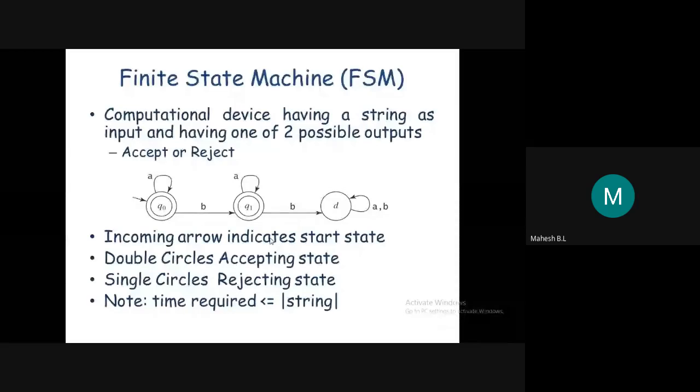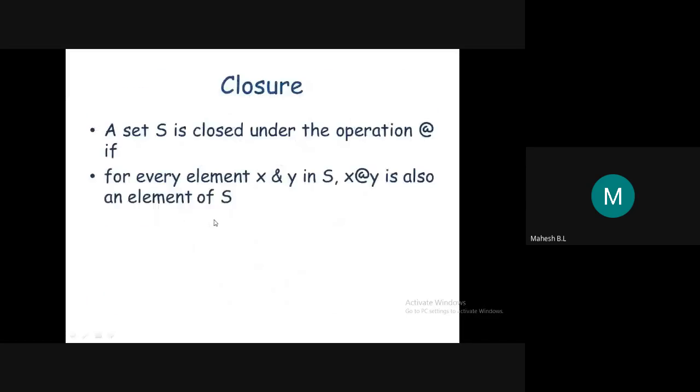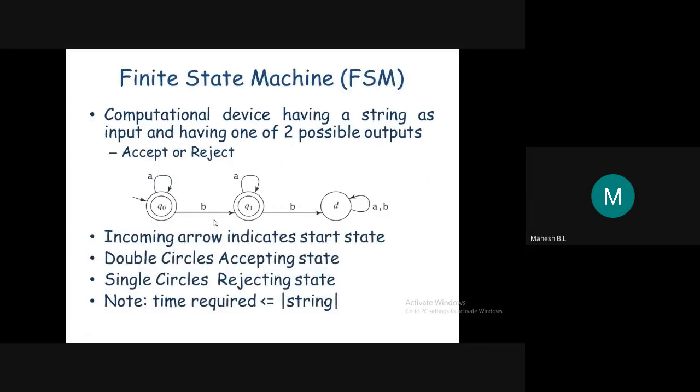A finite state machine is a computational device having a string as input and having one of the two possible outputs, either accept or reject.